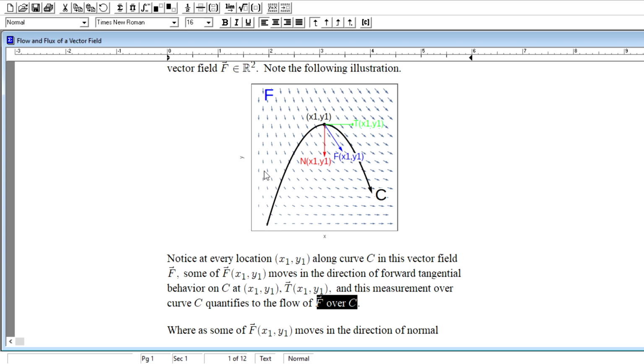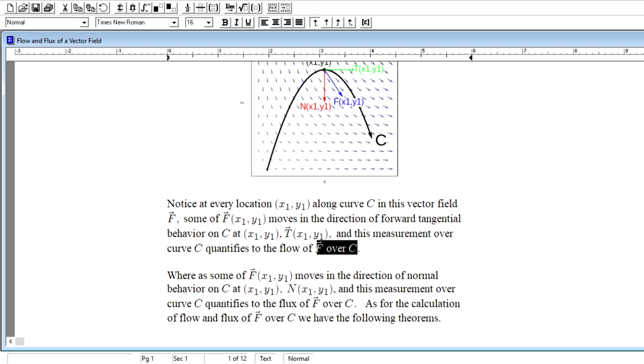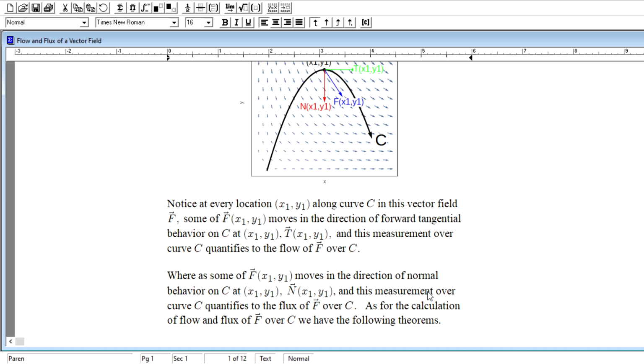The quantity of the field that is moving in the normal direction to this curve quantifies to what we call the flux of the field over C. What we note here is that some of that field moves in the direction normal in behavior to C. This is what we call maybe this vector capital N, the principal unit normal vector in our illustration up above. And this measurement over curve C, like we said, quantifies to this flux of F bar over C.